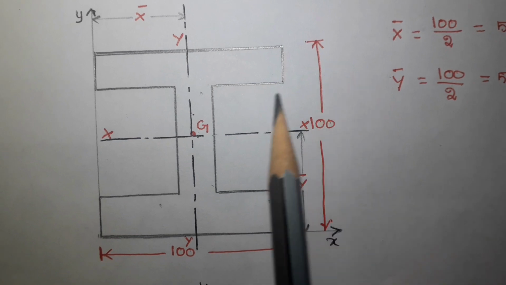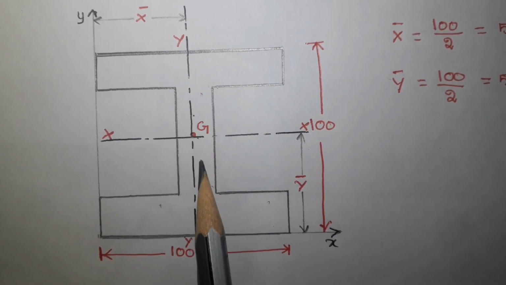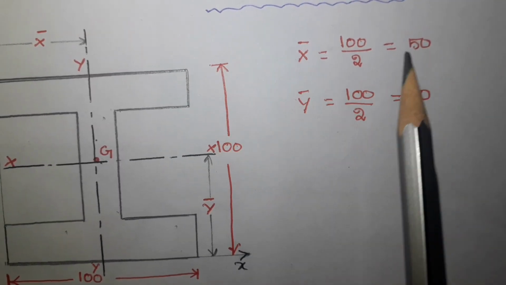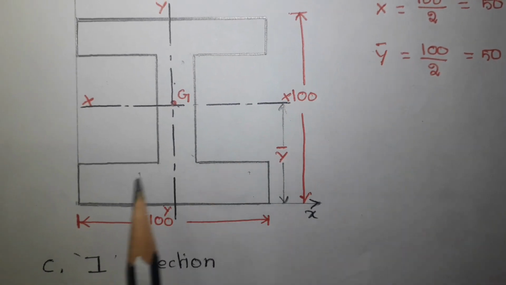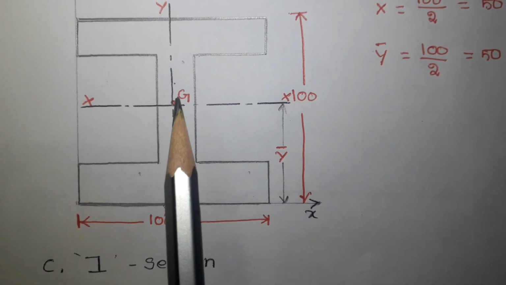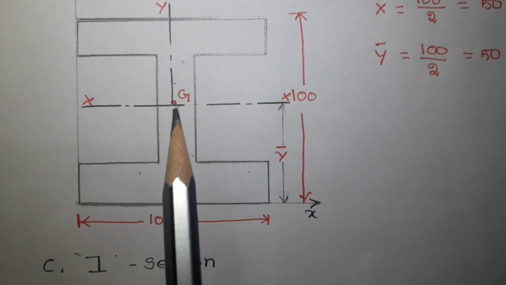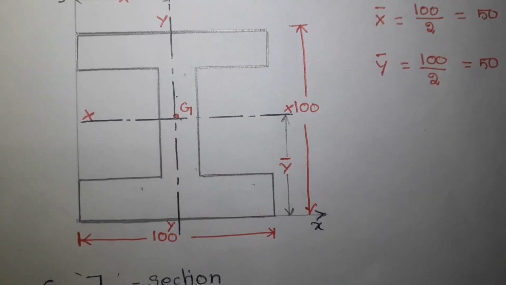Now if you look closely, the centroid is located very easily, directly. You know that x bar is equal to 50 and y bar is equal to 50. So this G, the centroid, can be easily found in axisymmetric planes.